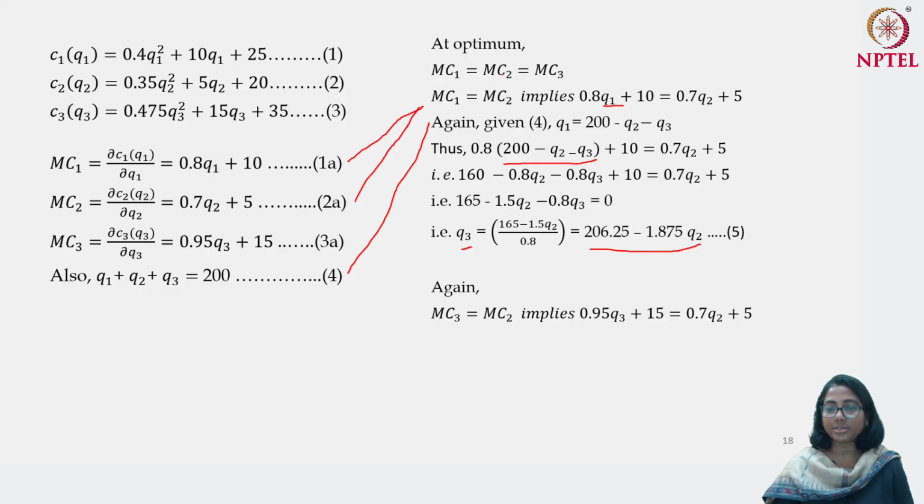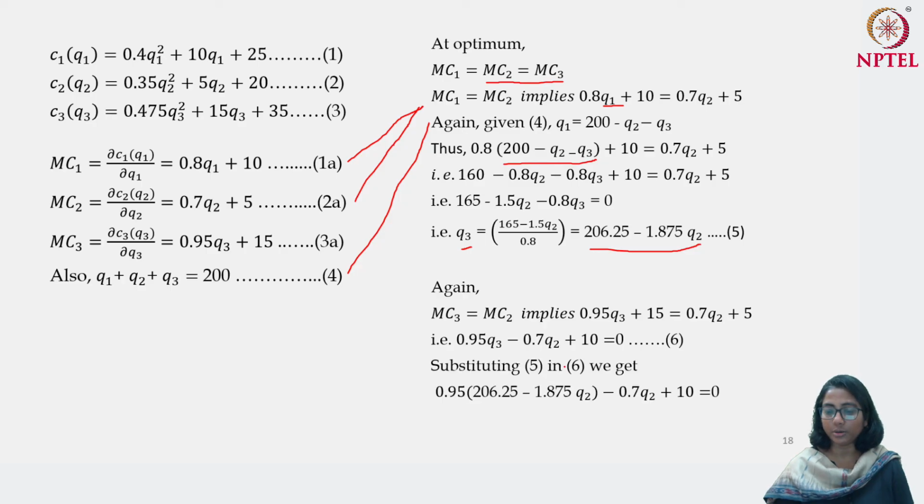Now let us equate MC2 and MC3, the second condition. This gives me the equation in terms of Q2 and Q3, which looks like this. So I have equalized the marginal cost, and this again gives me the relationship between Q2 and Q3 in the following manner: 0.95 Q3 minus 0.7 Q2 plus 10 is equal to 0. Now I am plugging in this particular value of Q3 here.